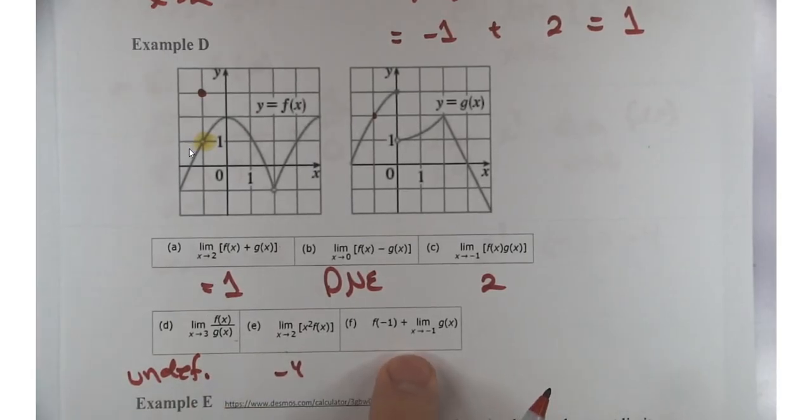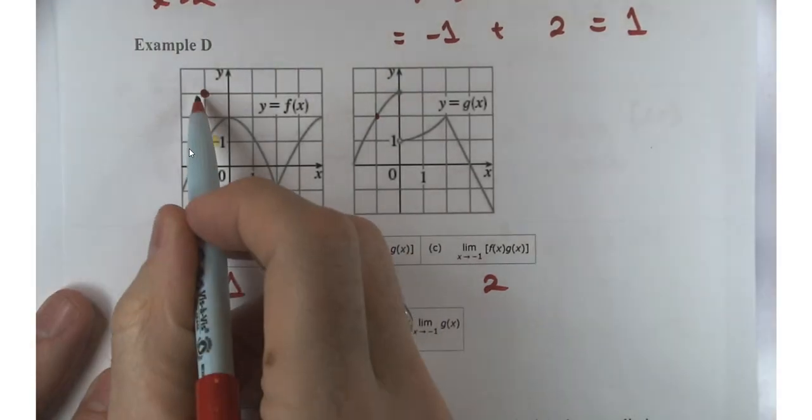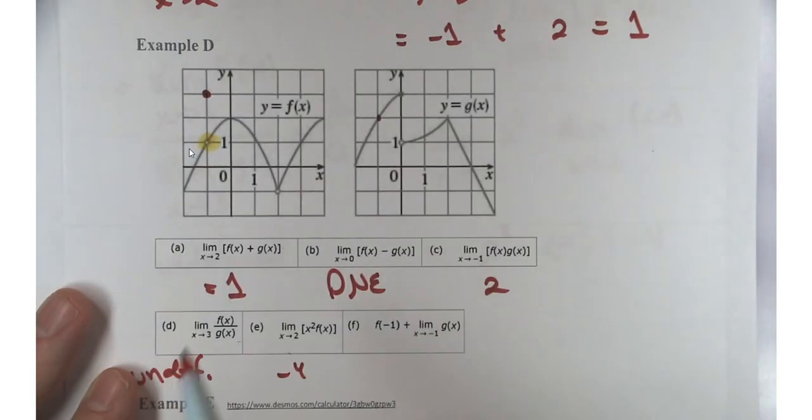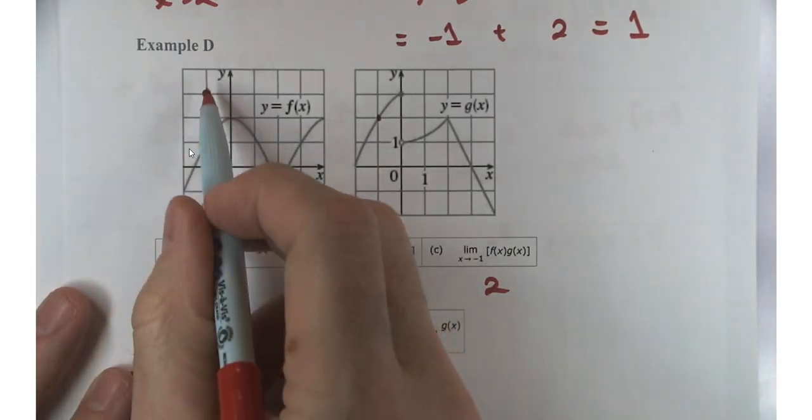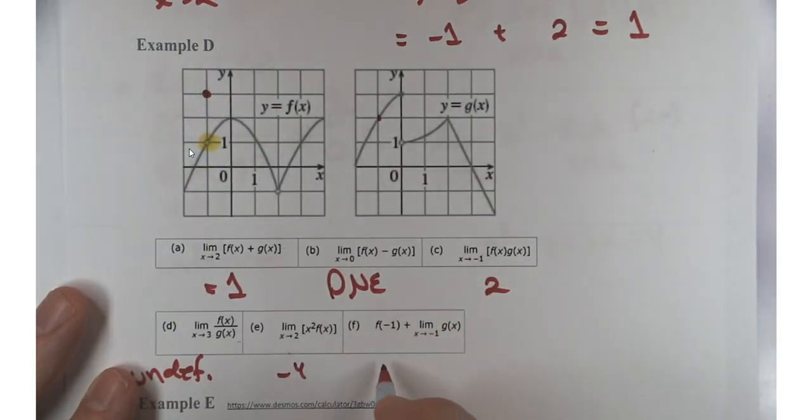Let's start with f of -1. Well, it's a hollow dot, but take a look a little farther north on the graph. Harley? 3. Yeah. So f of -1 is actually defined up here. It's not a continuous function, but it is defined. So it's 3.